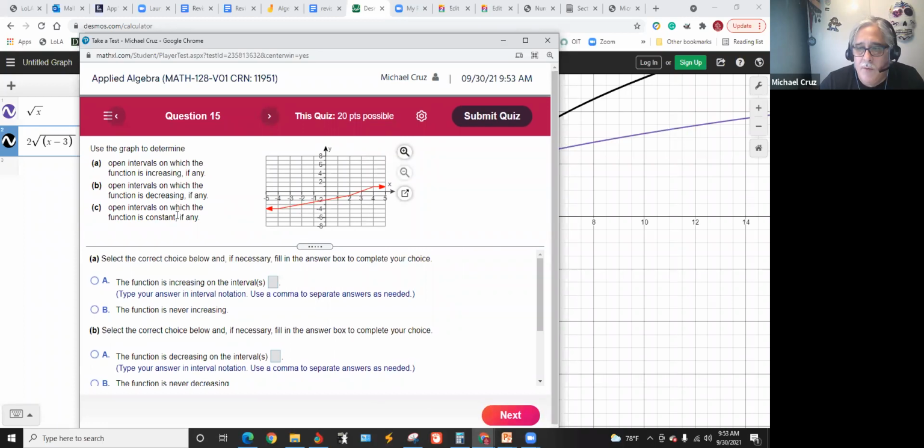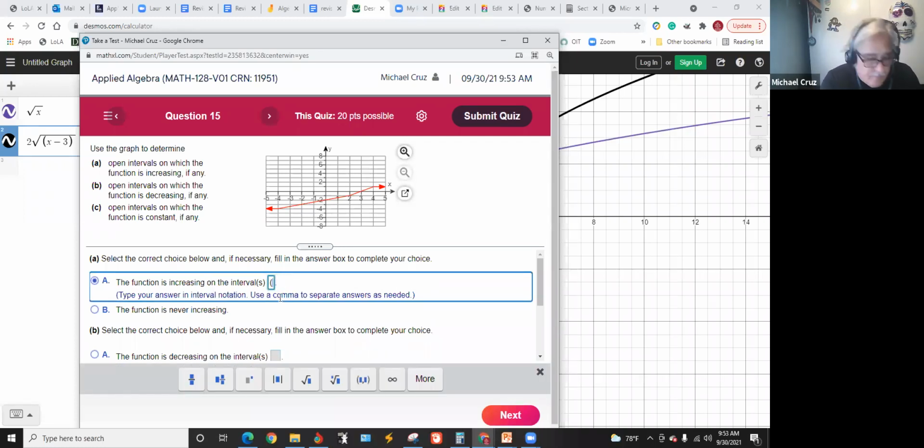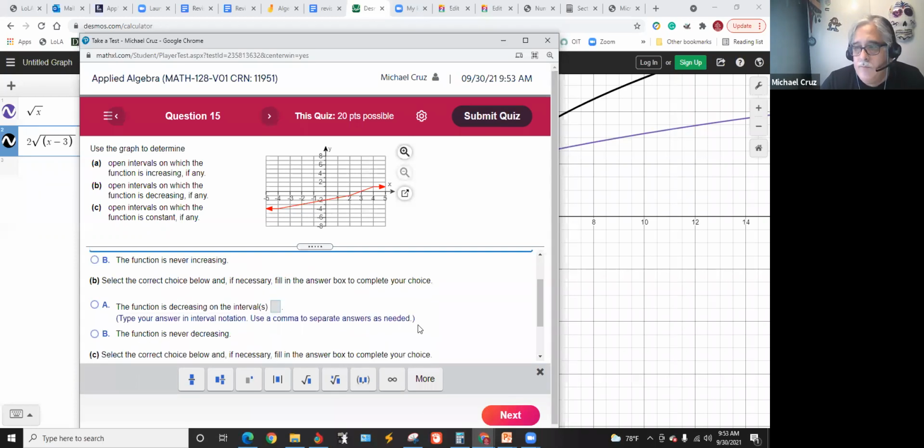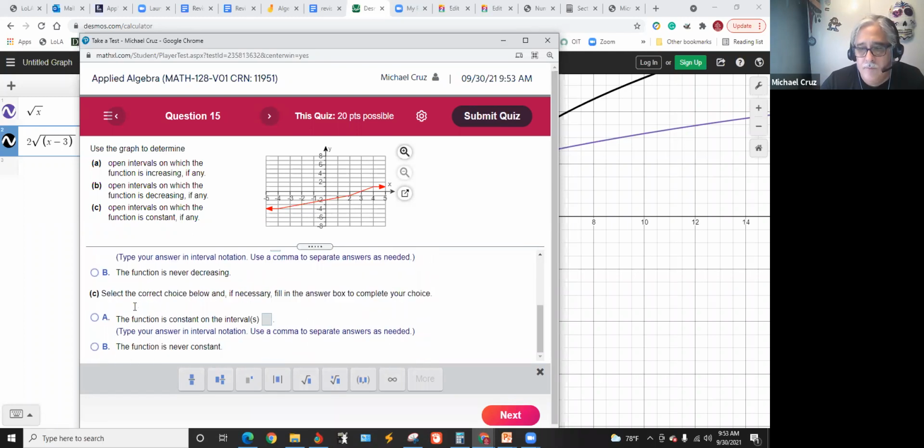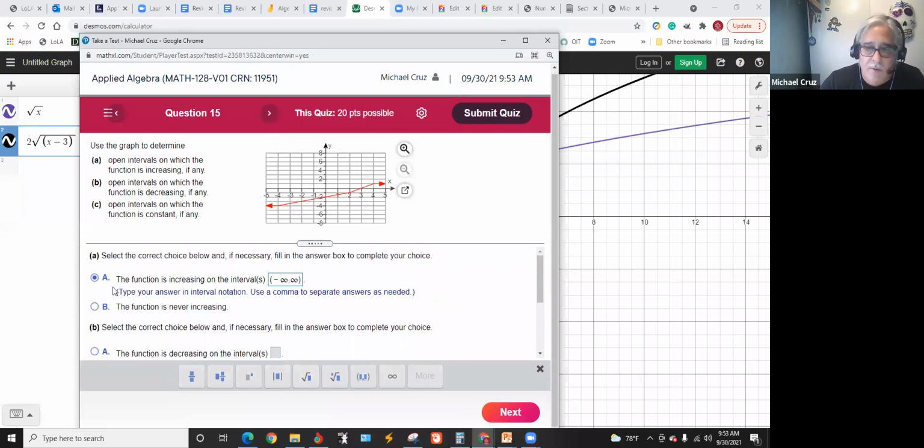All right, open intervals on which the function is increasing. Well, it's increasing throughout. See, as you go across, it's always going up. So that was all we had to do.